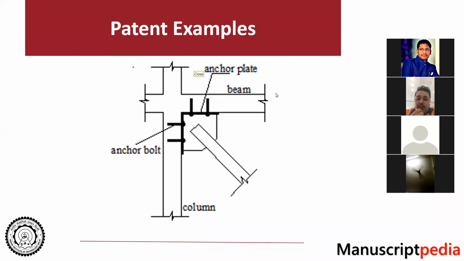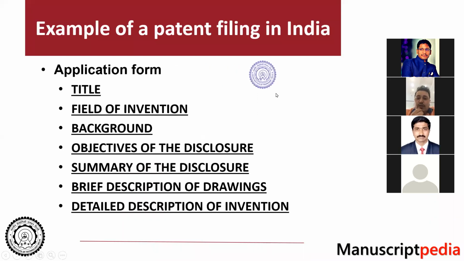Okay, next slide. Yeah. So this is actually an example of a patent we have done in India. The procedure of patent is very easy. It is not even as difficult as a journal paper.